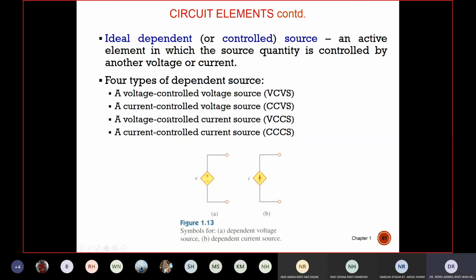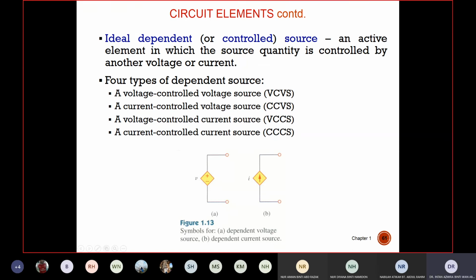So we have 4 types of dependent sources. We have a voltage controlled voltage source, meaning that this is a voltage source, but its value is controlled by a voltage. The second is the current controlled voltage source.